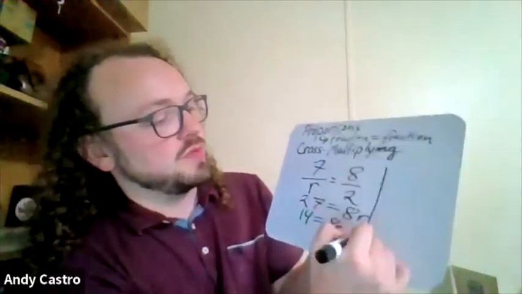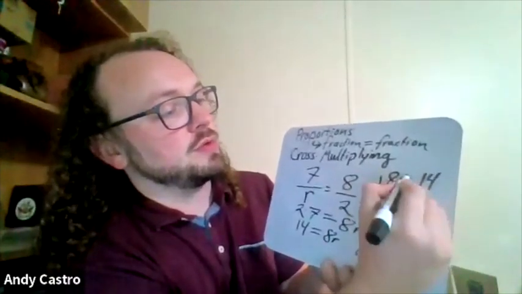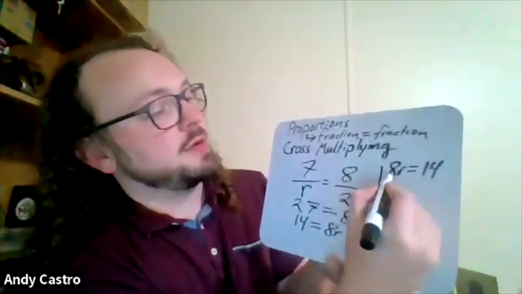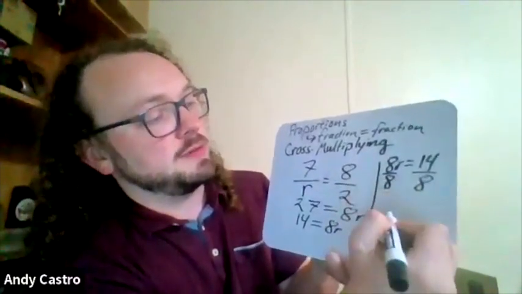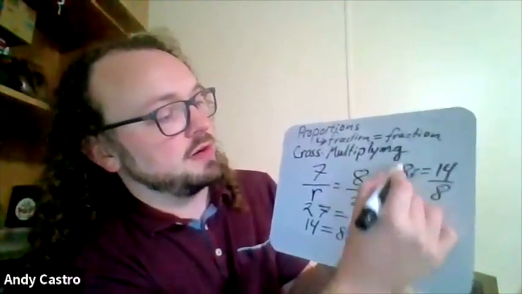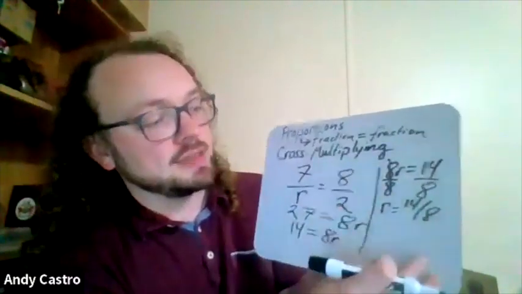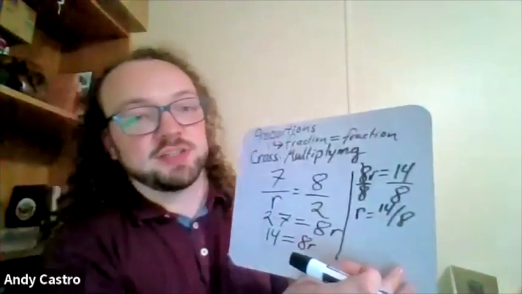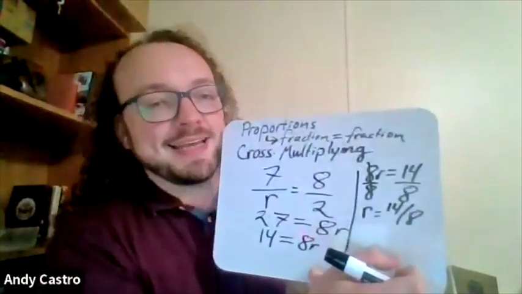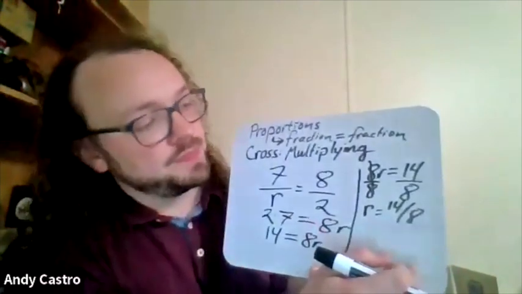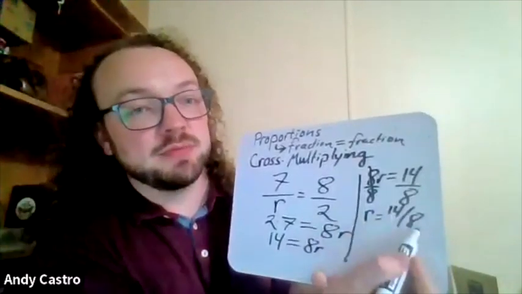I'm going to have to move that up over here. 8r equals 14. Change it around. Now I'm going to divide both sides by 8, and then I have r equals 14 over 8. And this is the first fraction we've had tonight that can actually be simplified. 14 and 8 are both even, so I have a factor of 2 that I can cancel out between both of them.